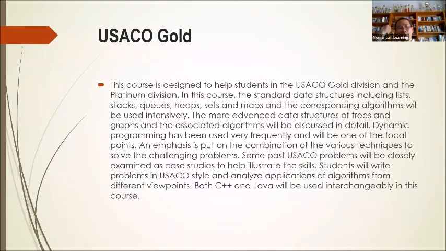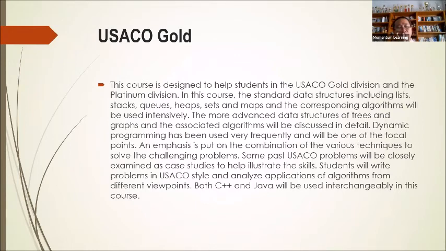All the USACO problems will not say, okay, please use this technique. It will just hide the problem behind the story involving Farmer John and his cows. So students have to be able to identify what topic, what technique, what skill will be used, okay?